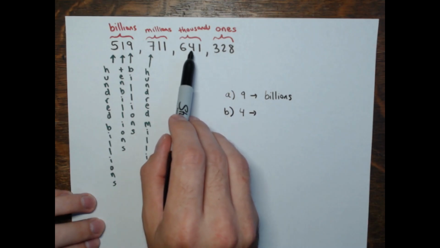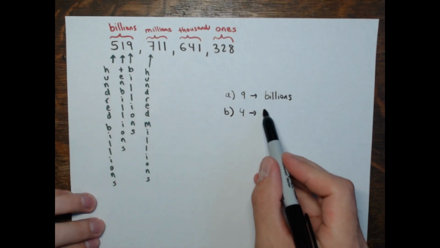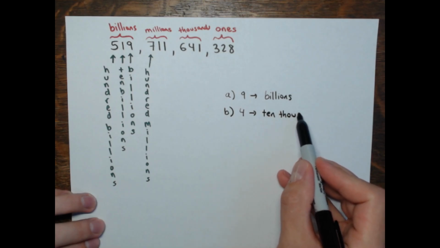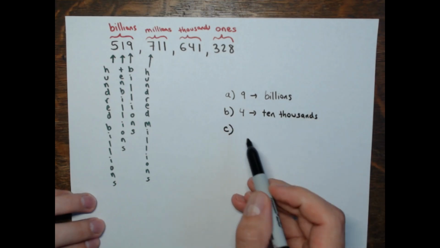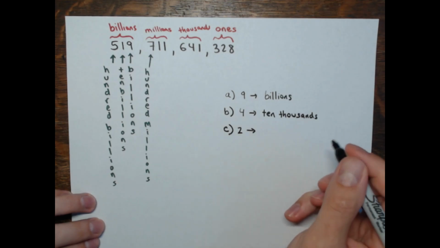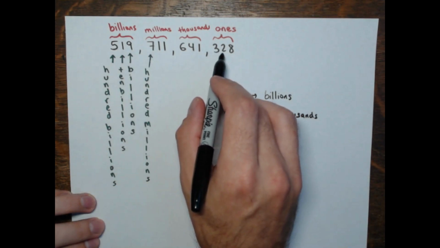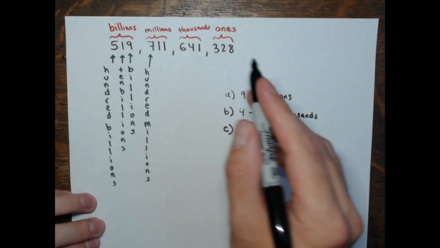That's here. Now that would be in the 10,000s place. Part C, the digit 2. Well, there's only one 2, and that's here, right? That would be in the tens place. Remember, it's ones, tens.